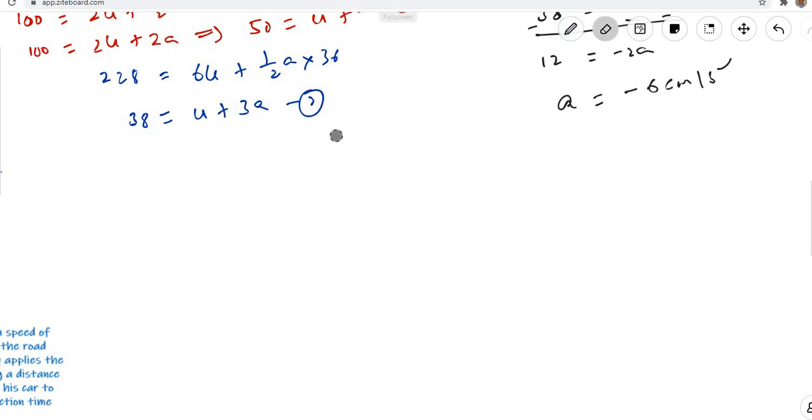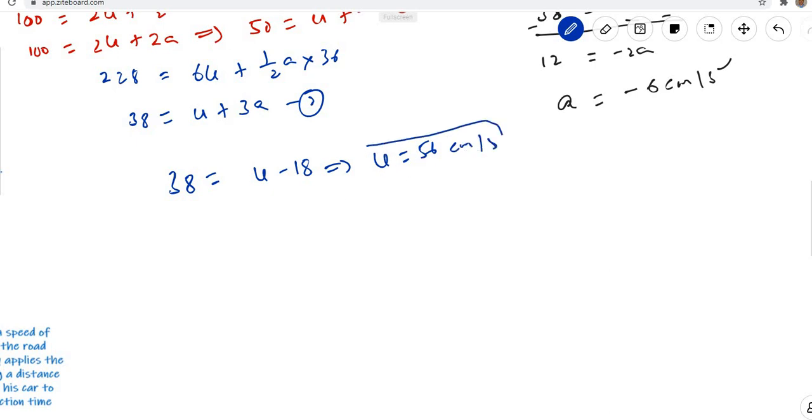We got the retardation. Now take this 6 and put it in equation 2. If I put it here, 38 = u − 18. That implies u = 56 centimeters per second. So we got initial velocity as 56 centimeters per second, and retardation as 6 centimeters per second squared.